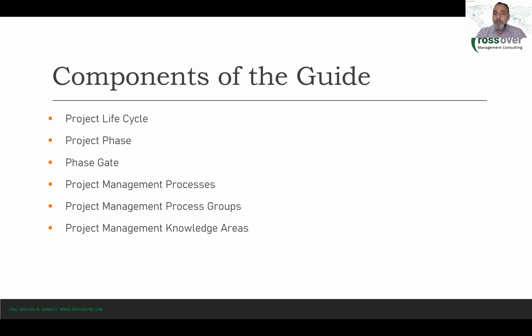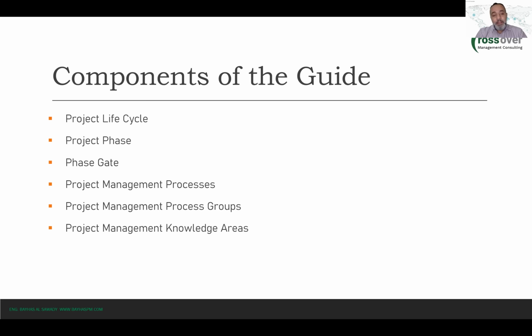As the PMI has indicated, it's used to manage all projects all of the time, because it's focused on a set of principles. It's focused on creating a mindset that you need to embrace as a project manager, which guides your behavior while you manage projects, right?